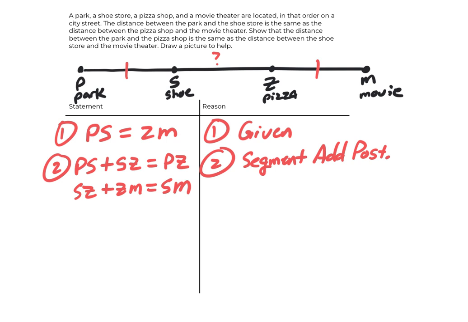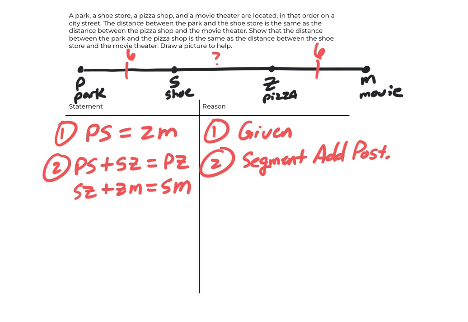I don't know what SZ is, but let's just use a number as an example here. If this is 6, then this has to be 6, right? Because those two have to be congruent. What do I know about these two?